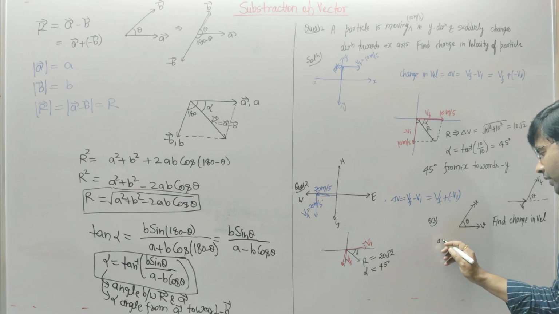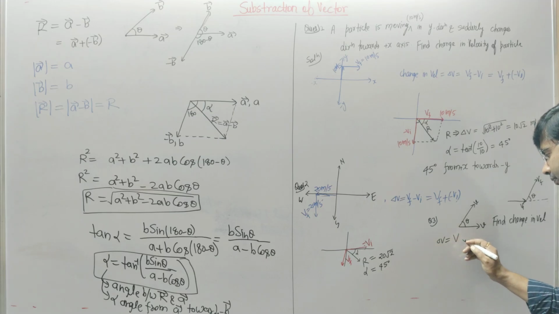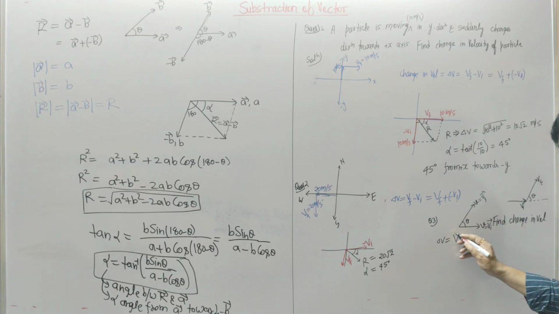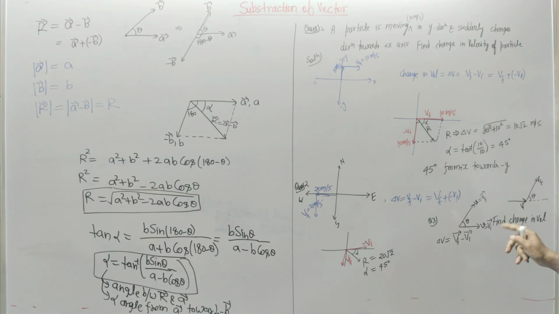Here the change in velocity, delta v, is equal to final, this is the final vector. Let's take this is the final vector, no issue, and this one is the initial vector. So we have to calculate final vector minus initial vector. Here both vectors are acting at theta angle.